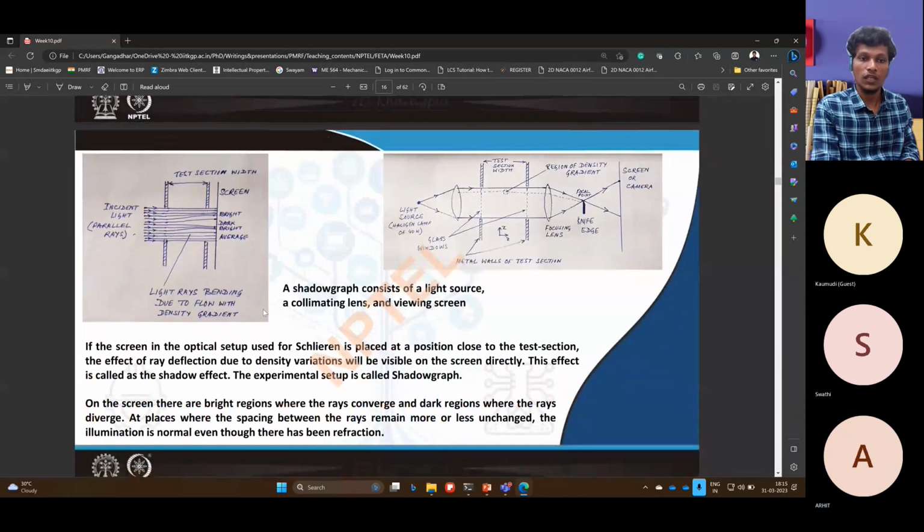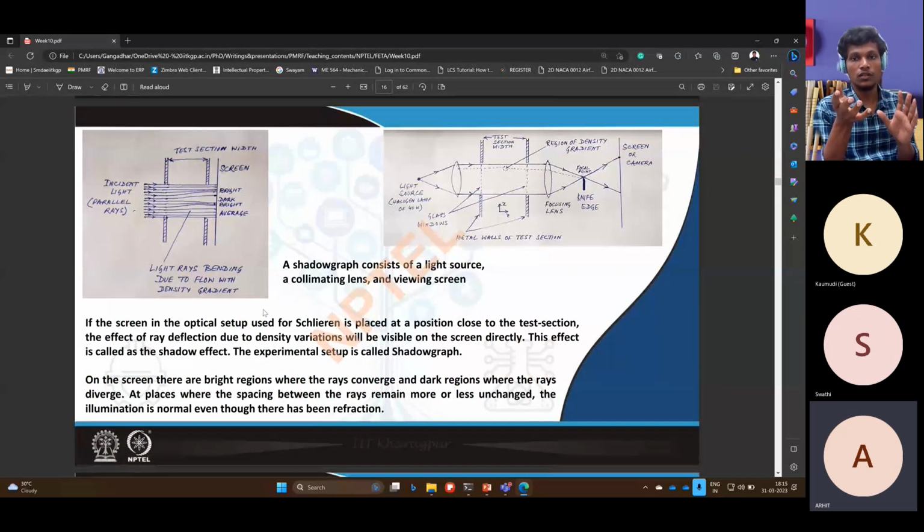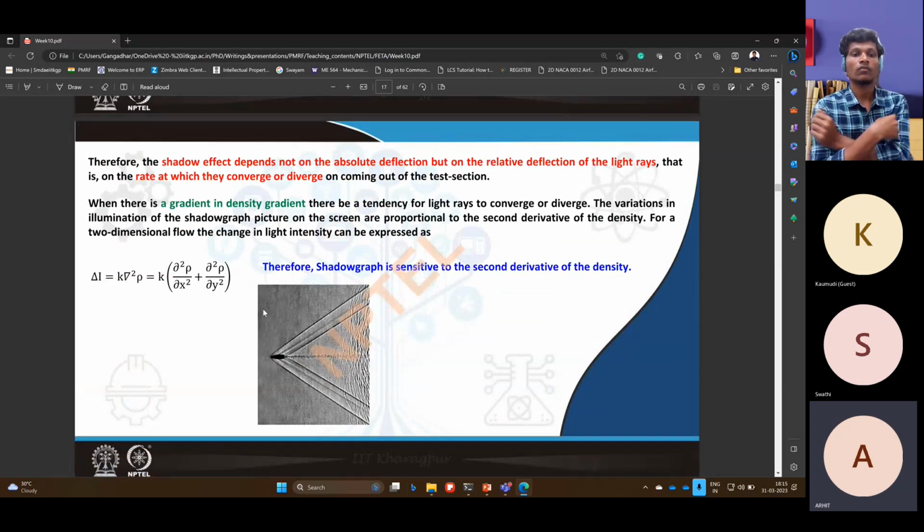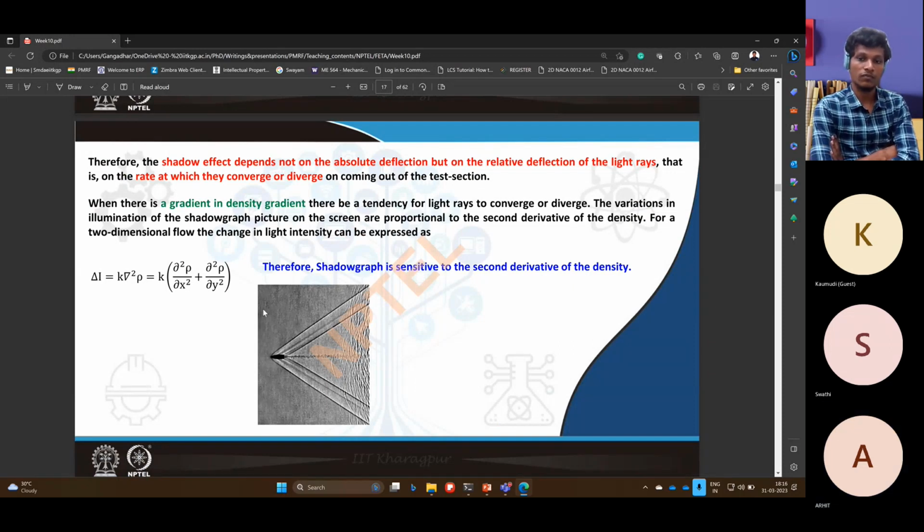Yes, sir. I think the Schlieren and shadowgraph technique is basically used for high Reynolds number and higher supersonic flow, as per my assumption.